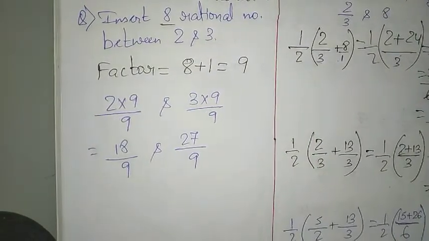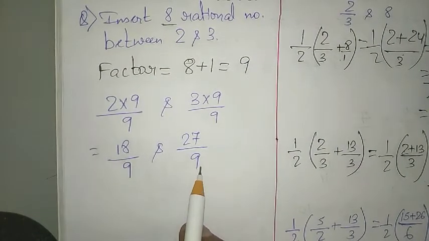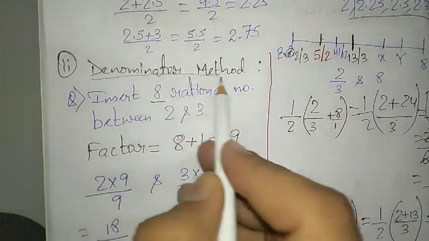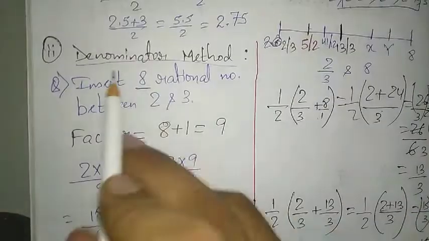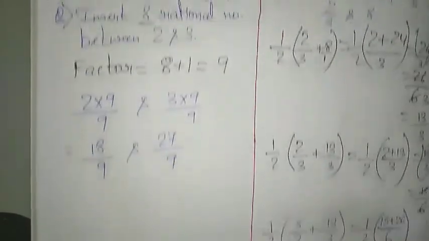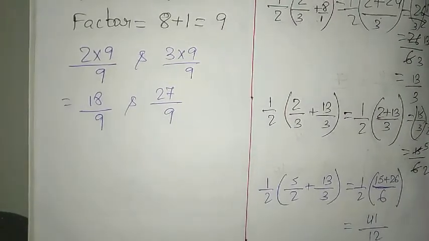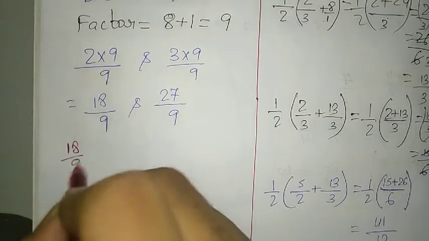You see, we got two numbers whose denominators are same, and that is why this method is called the denominator method. Okay, so now how many numbers we needed? We needed 8 rational numbers between them, right? Okay, so let's start writing 8 rational numbers between them. 18 by 9 was already there.